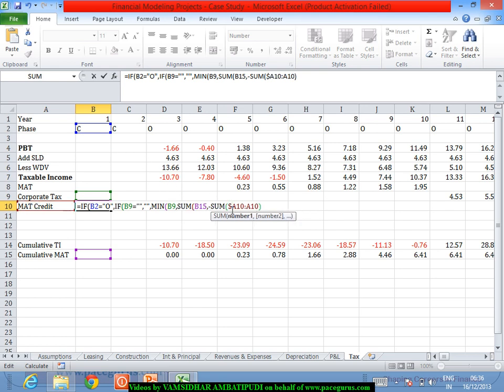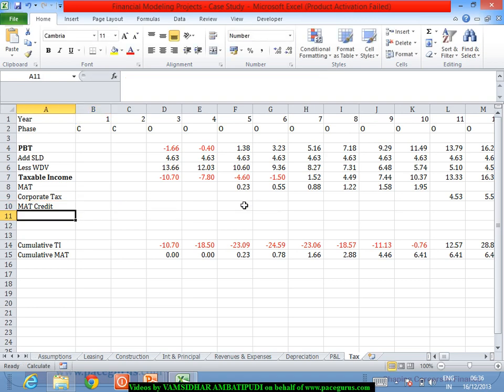If this is blank, I'll leave it as blank. If it is greater than 0, I'll take out the minimum of those two, the total cumulative MAT minus whatever has been credited till that particular period. Let's see how it works out.